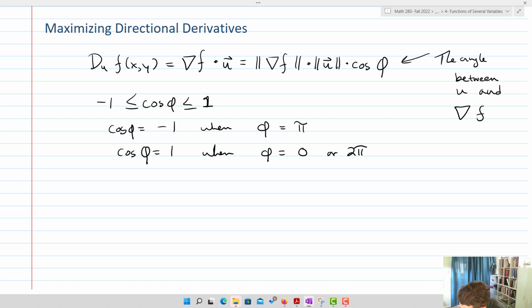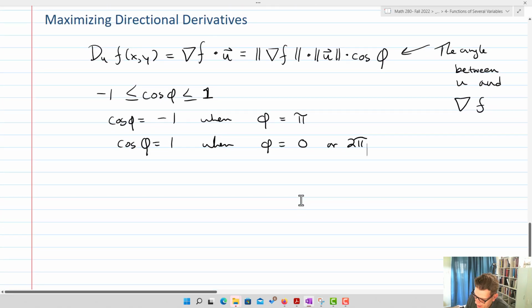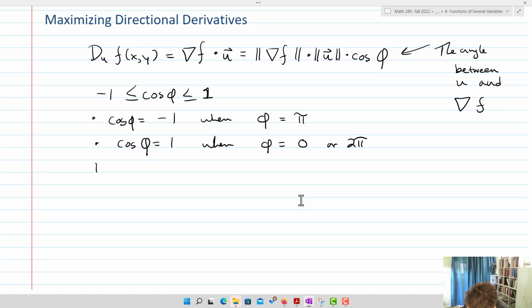And remember the magnitude of u is going to equal 1. So this directional derivative is going to be at its maximum when cosine of phi equals 1, because that's as big as cosine of phi can possibly be.